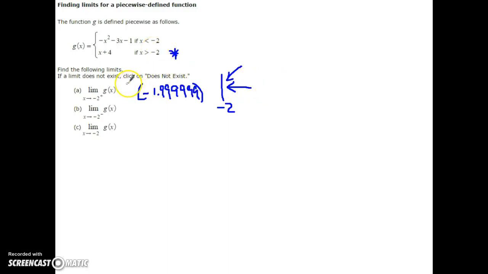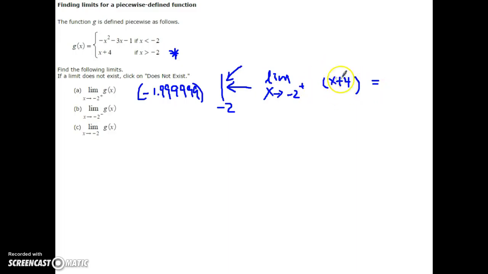So my g of x in this case is going to be x plus 4. This is the same thing as saying limit as x approaches -2 from the right of x plus 4. As your x gets very close to -2, what do you think that's going to look like?